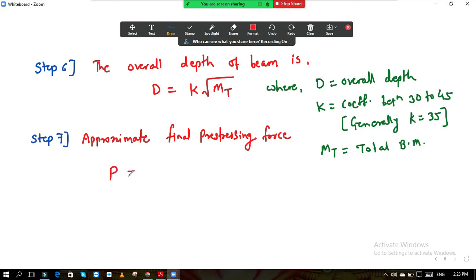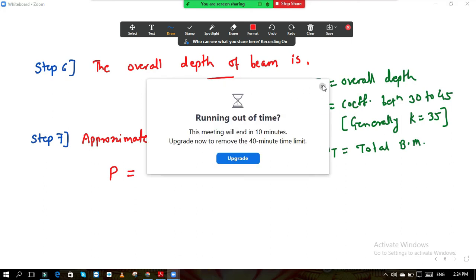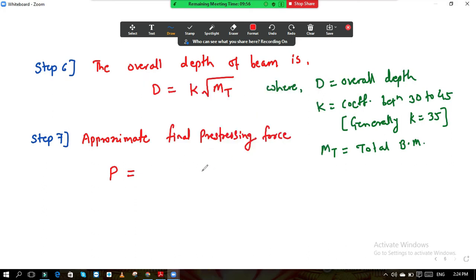It can be calculated as P is equal to total bending moment divided by 0.65 d.